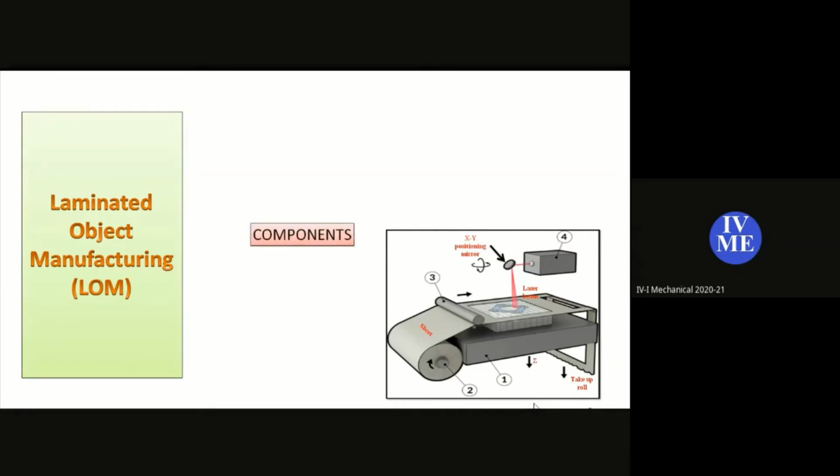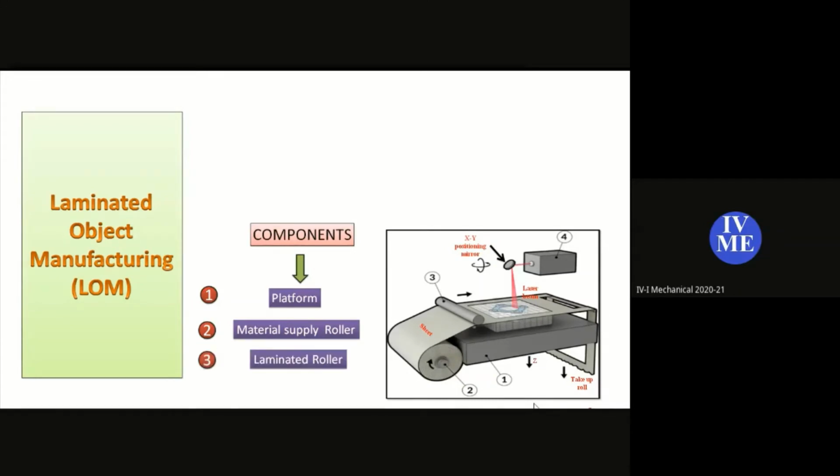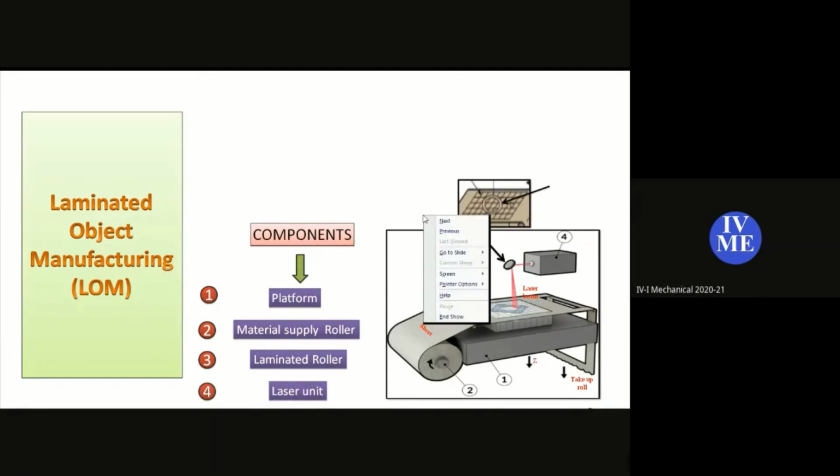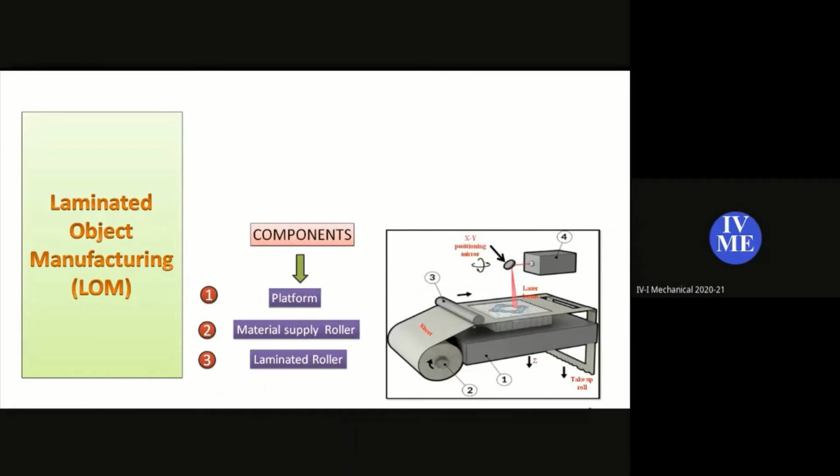LOM equipment. The first component of this machine is the platform, and the second one is the sheet material supply roller. The material supply roller supplies the sheet by the roller. The third one is the laminating roller.